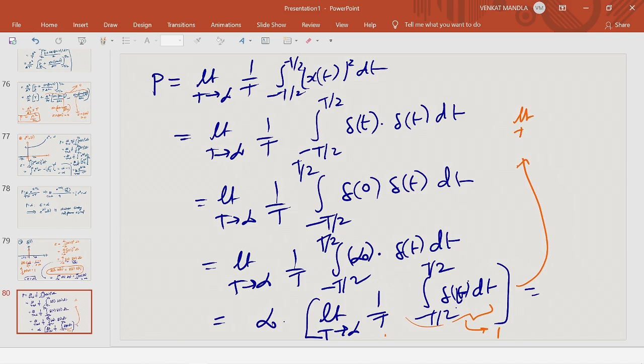So limit T tends to infinity, infinity into 1 by T, or you can write infinity into whatever may be the value you get. So here the infinity we got is not because of this limit.